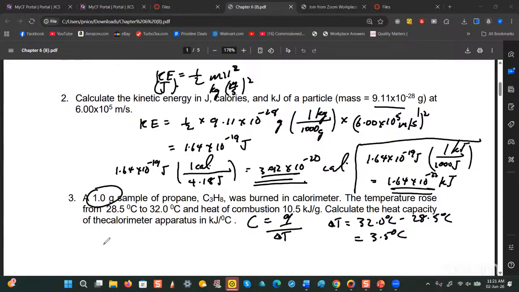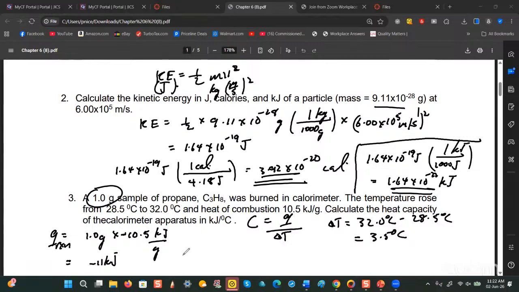Now they gave us a 1 gram sample, so therefore Q in this case would be equal to 1.0 grams multiplied by 10.5 kilojoules per gram, all right? And technically speaking, the heat of combustion will be negative because combustion involves an exothermic reaction. So this will be equal to basically minus 11 kilojoules. So this will be Q of the reaction, right?